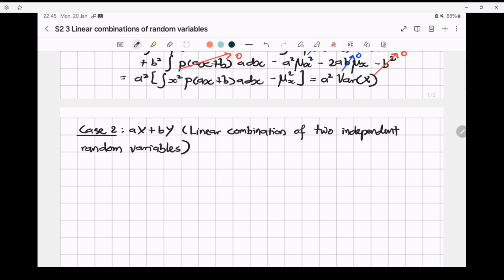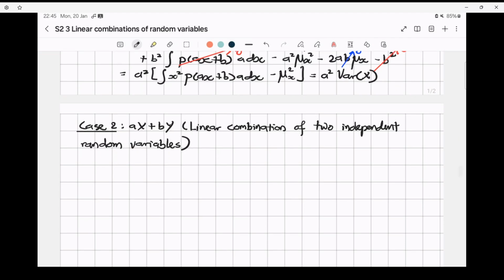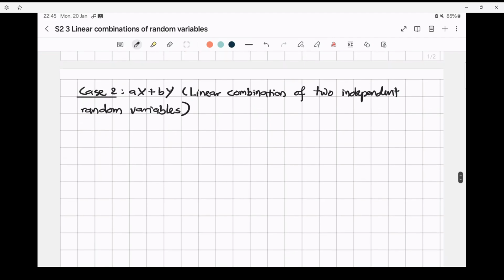So the word independent is very important. I will state the result first. The result would be: E[aX + bY] = aE[X] + bE[Y].